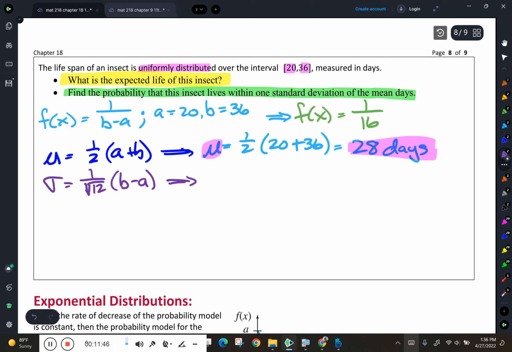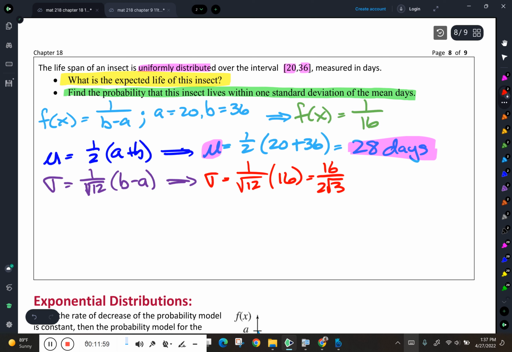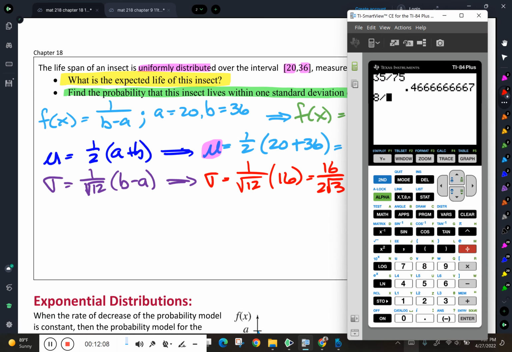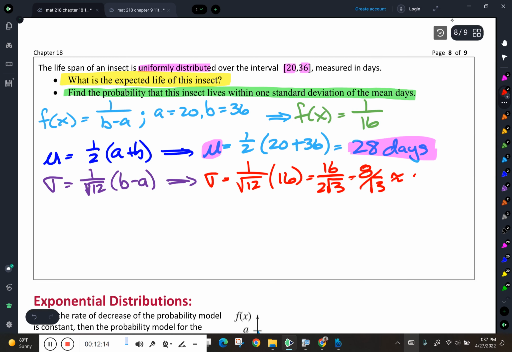And so when I figure that out for this specific example, that means that my standard deviation is 1 over the square root of 12 times b minus a, and b minus a here is 16. So that's going to give me 16 over 2 root 3. So that's 8 over root 3, and I don't know what that number is, so I'm going to approximate it with my calculator. 8 divided by the square root of 3, and I get approximately 4.62, so I'll call that 4.62.